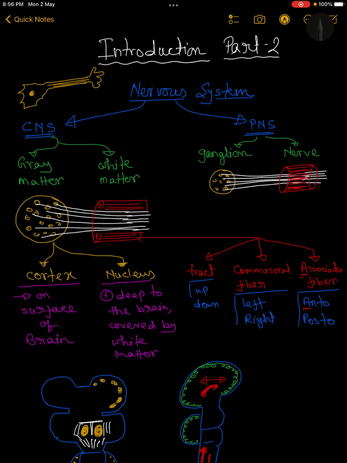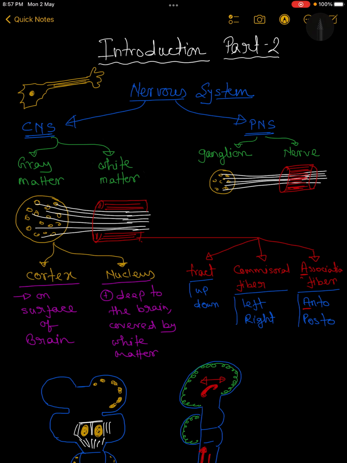If you take a gross brain or gross spinal cord and cut it, you will see two colors: one is dark gray and another one is white. According to this, we can divide the CNS into two matters: gray matter and white matter.